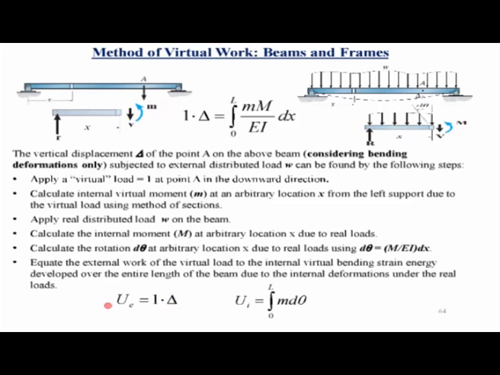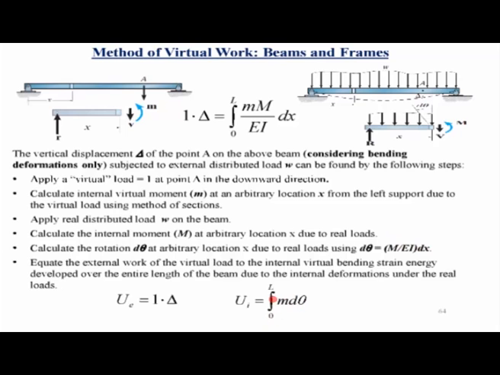So this is the external virtual work that is done after the application of the external loads, and this is the internal virtual strain energy in the beam elements due to the virtual moment and the deformation of that element due to the actually applied loads. If you want to find the internal virtual strain energy over the entire length, you integrate with respect to x from 0 to L. So d theta would be replaced by M over EI into dx.